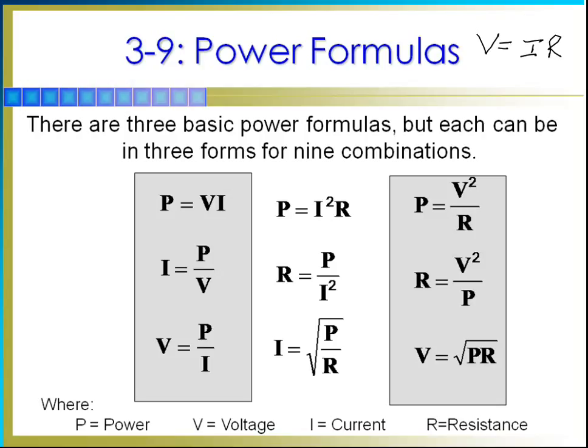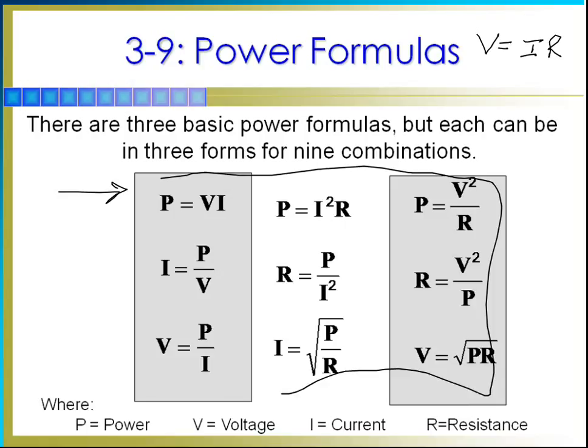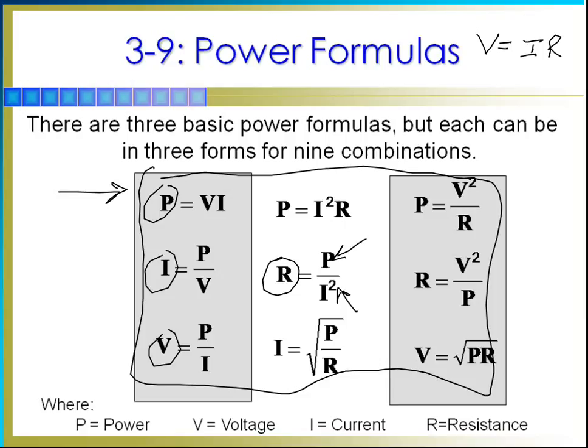So 3 forms of Ohm's law will give you 9 combinations for calculating power, calculating current, calculating voltage, or calculating resistance. You just need 2 out of the 4 to determine the other 2.